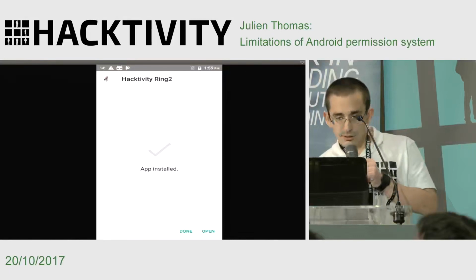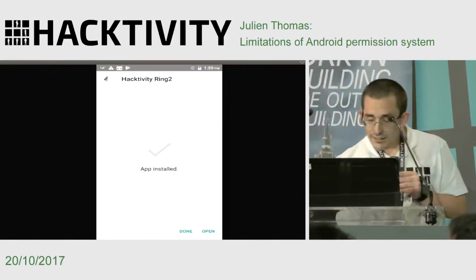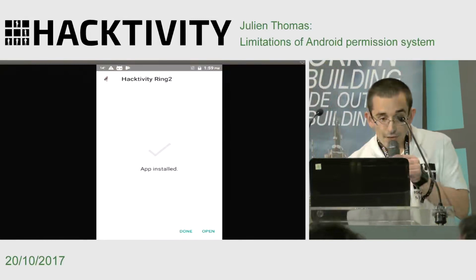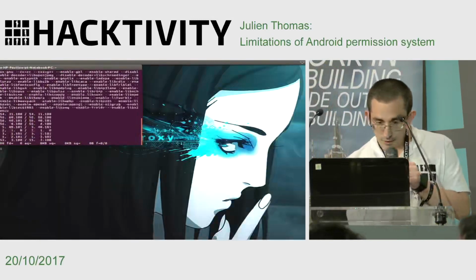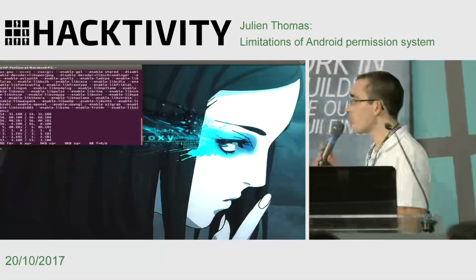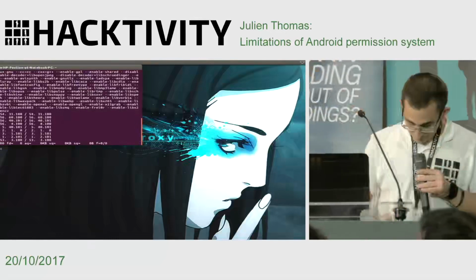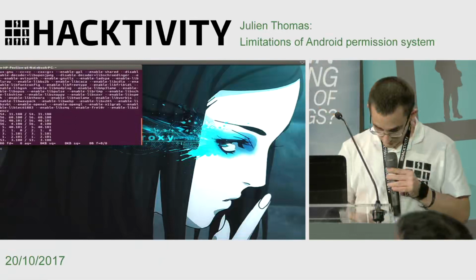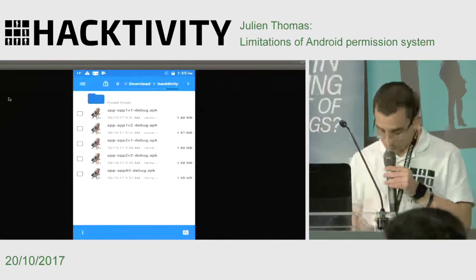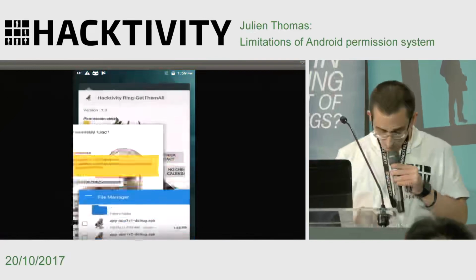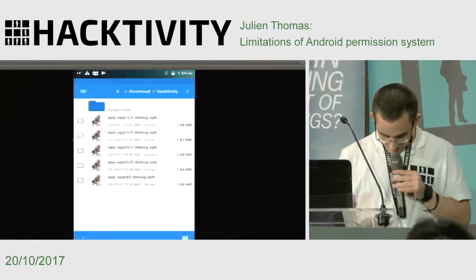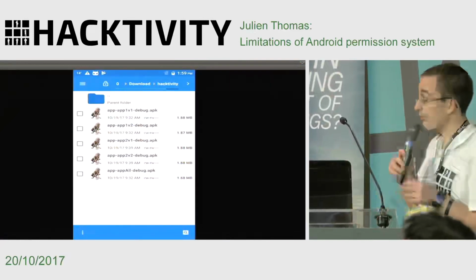So I will restart the screen. So basically this app does the same thing, just defining its own permission called deadly activity 2. Okay, so I just close all the applications, and now I will open the first one.